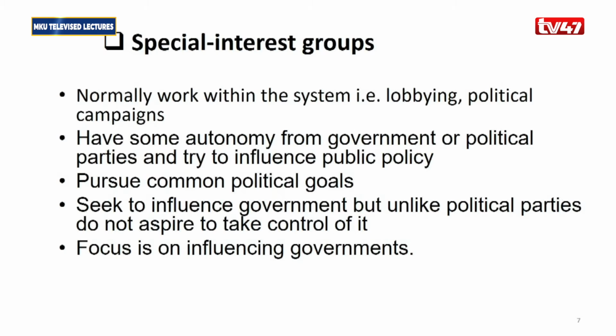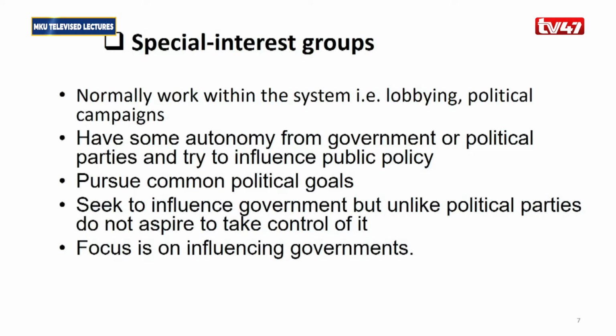In the characteristics of special interest groups, which is the reverse of the social movement, normally they work within systems, i.e. lobbying or political campaigns. So special interest groups could be well-organized groups like non-governmental organizations that have structures and well-documented constitutions on how they approach their issues, and therefore they work with the system.